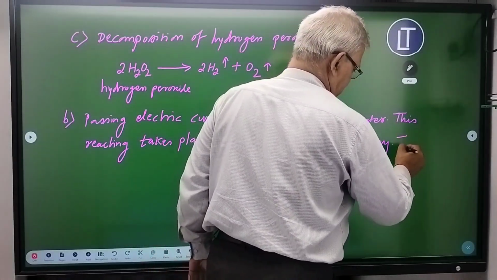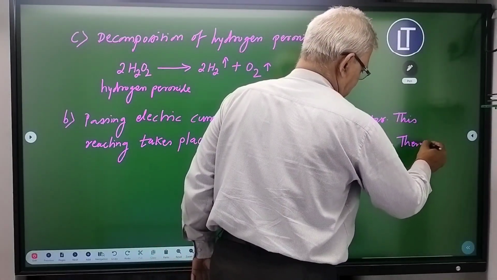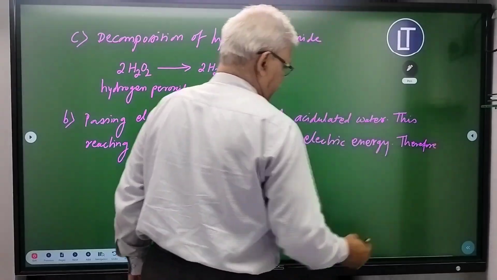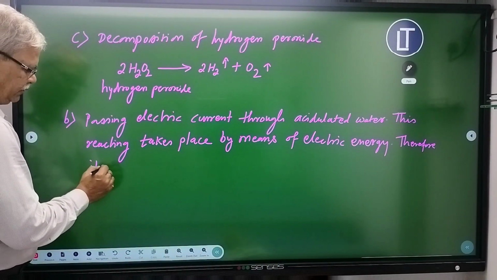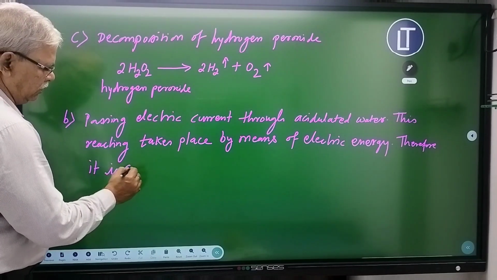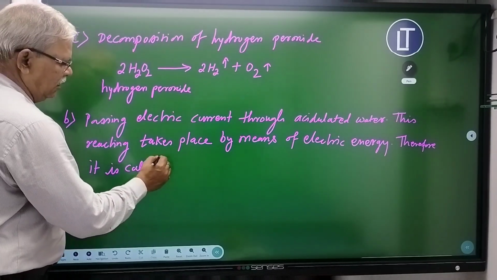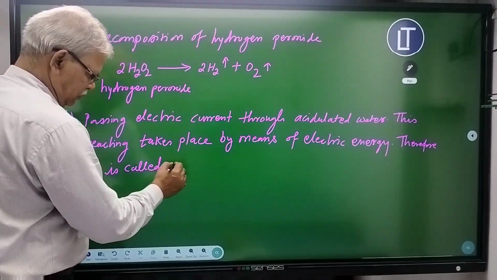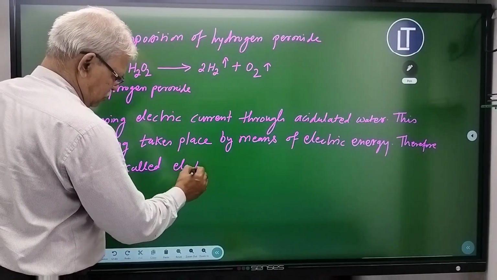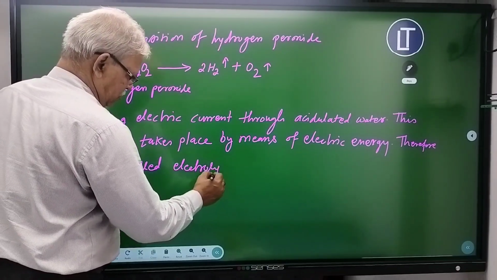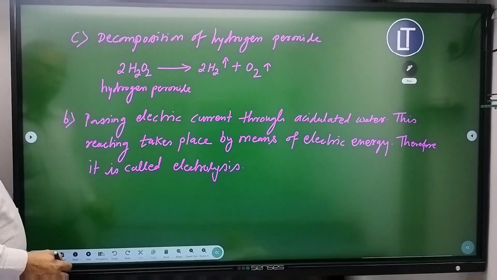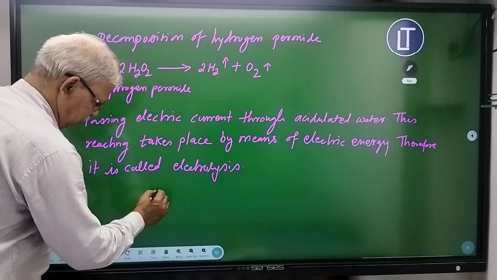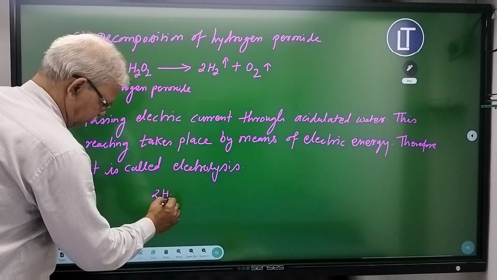Therefore it is called electrolysis. This is the process of electrolysis.